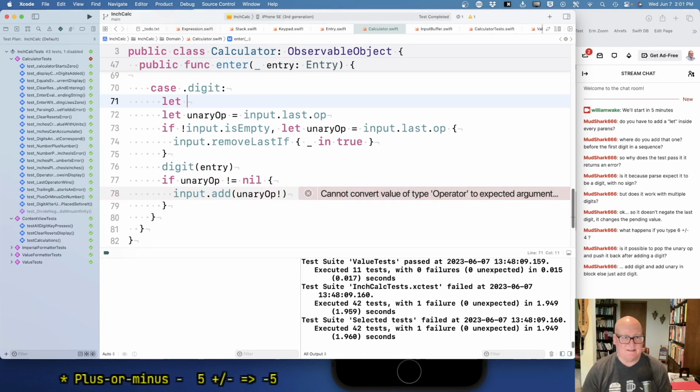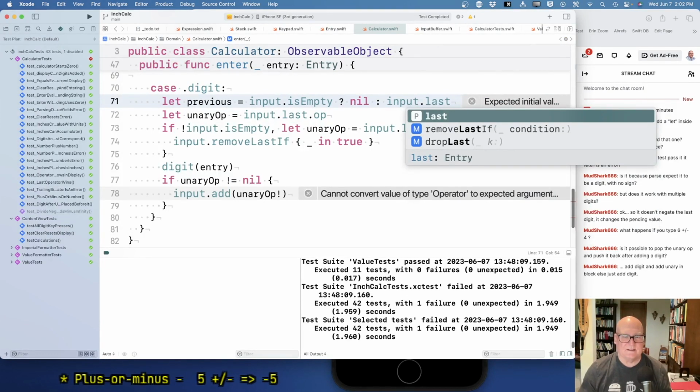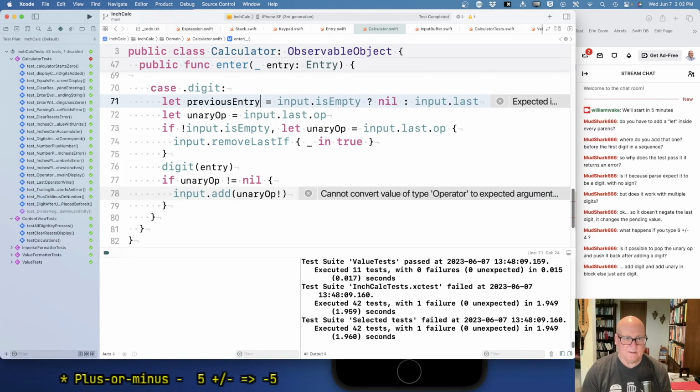Okay, let previous equal add digit and add unary and block, else just add digit. Yeah, maybe that'd be better. Okay, so we're trying to get to the last input is empty, goes to nil, otherwise it's input dot last. Okay, this is previous entry.